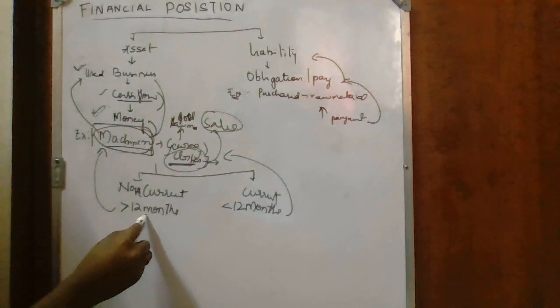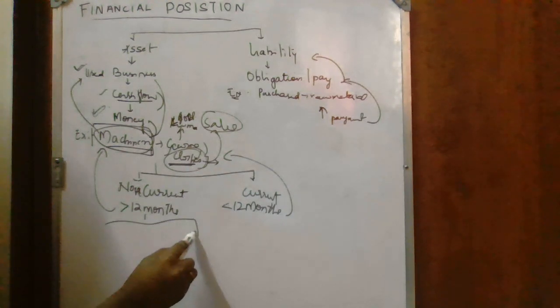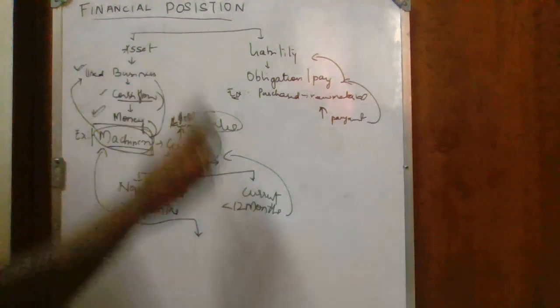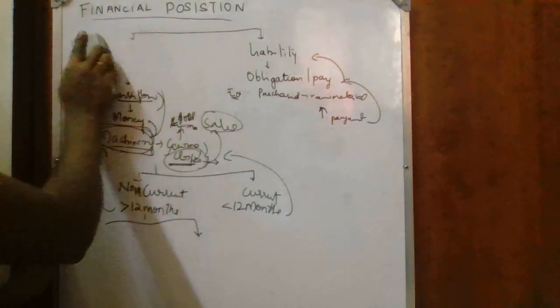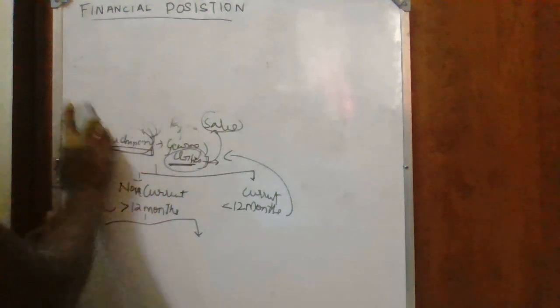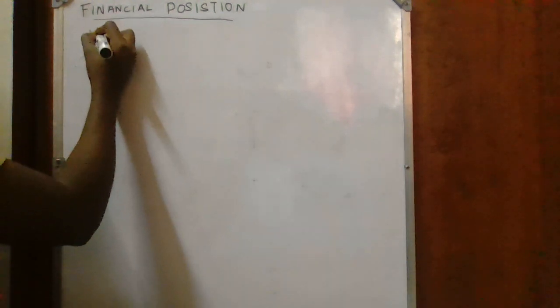Now, in these non-current assets itself, there is again a subclassification. Let me put it in a flow chart for these non-current assets.